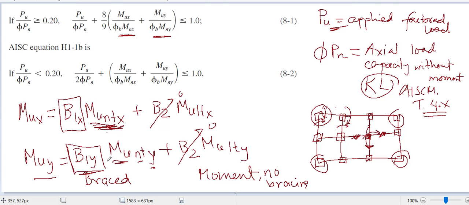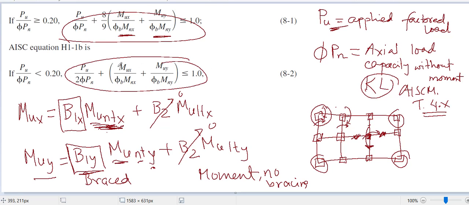Now we need to find what B is and why we need B. Before going there, I will erase everything. Make sure that you understood all parts of this. You saw only these two moments, the moment about the x-axis and the moment about the y-axis. Whatever your moment, you have to amplify by multiplying by B1 for a braced frame.